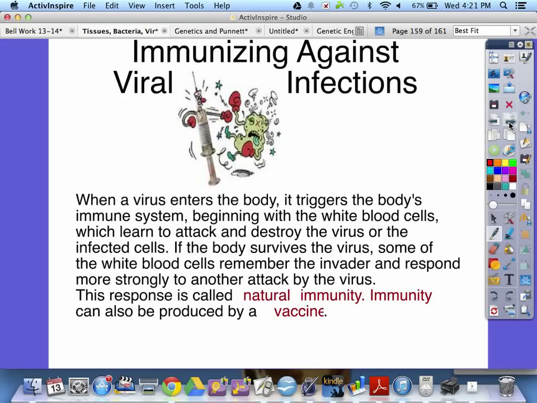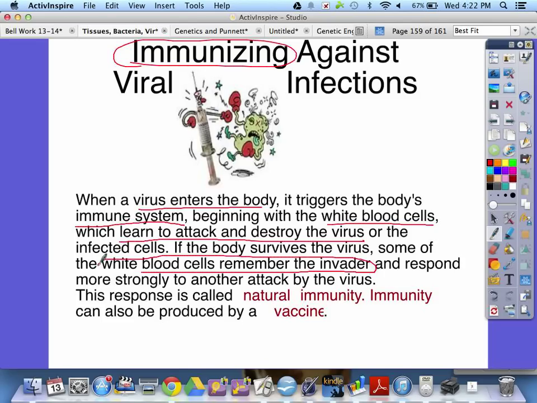Now, we are able to immunize against viral infections, like when you take the flu vaccine. So when a virus enters a body, it triggers the body's immune system, which are the white blood cells. These white blood cells learn to attack and destroy the virus. If you survive, the white blood cells will remember the invader.